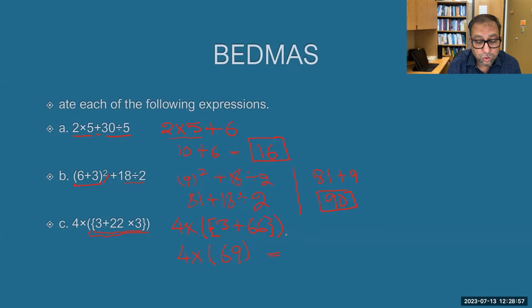And if we solve 69, you see here, this is the answer. So this is a practice for practicing BEDMAS, how we have to follow the orders.